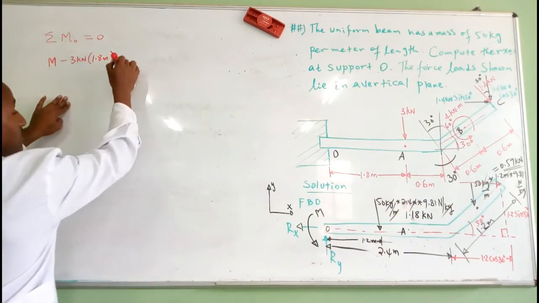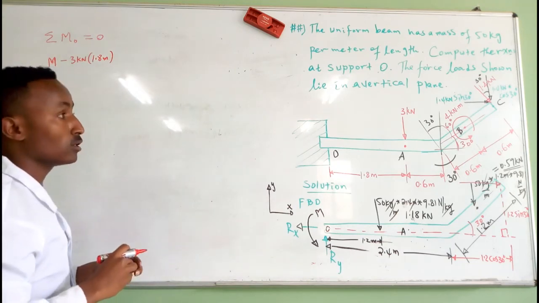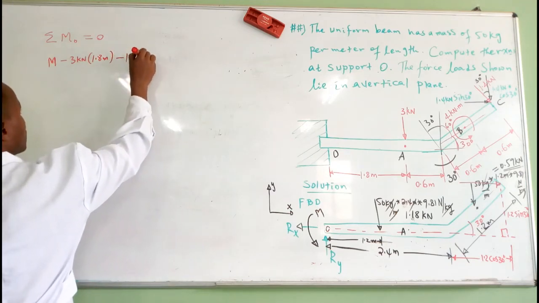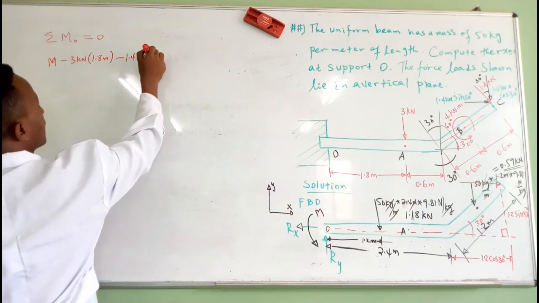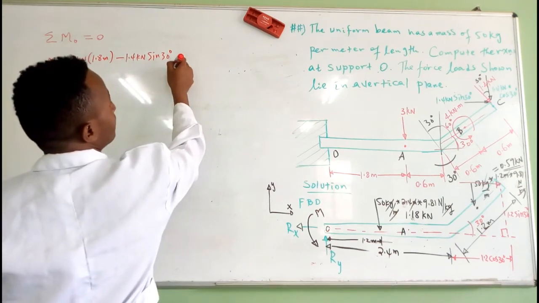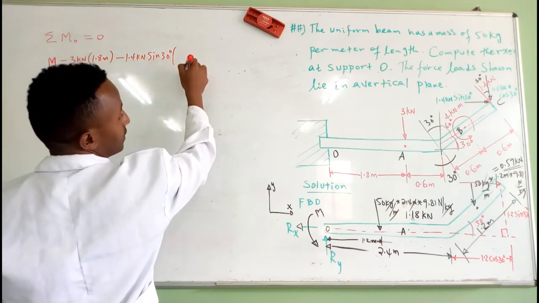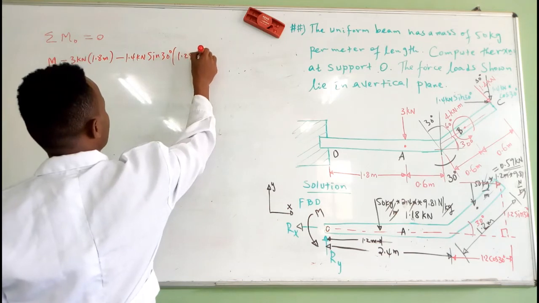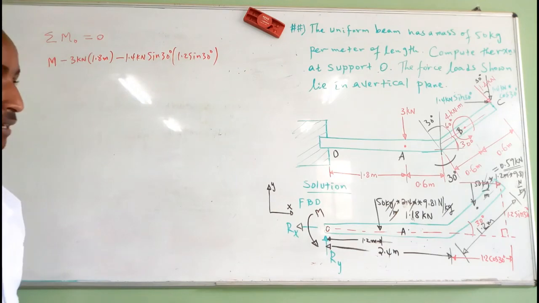So it tries to turn the beam in the direction of clockwise, so we can put a negative sign: 1.4 kilonewton times sin 30 degrees times the perpendicular distance 1.2 sin 30 degrees.